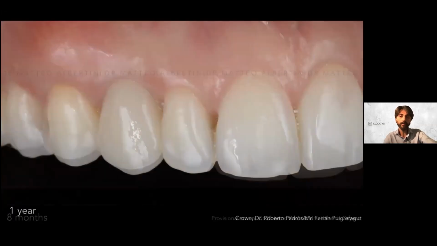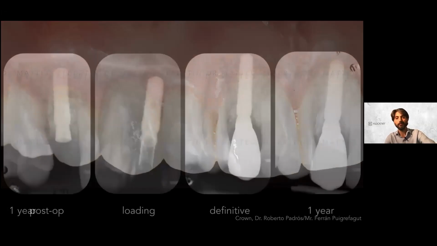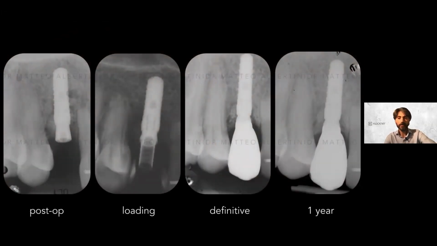And finally, we delivered the final restoration. And you can see in these cases, we can achieve nice aesthetic results. And here you have the radiographic control and the follow-up at 1 year.